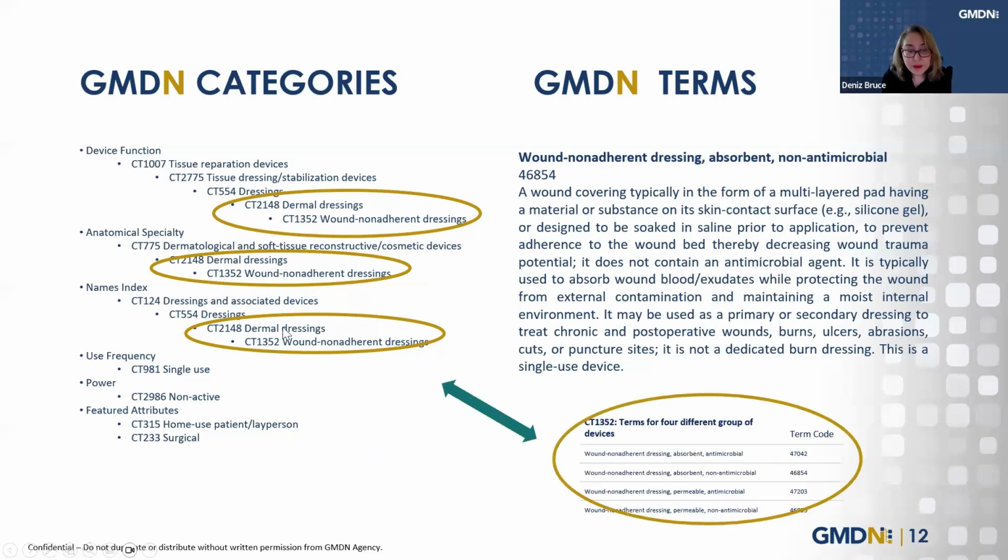Also, at the lowest level category, there are other devices which belong to that category. If there is a registry program or a need to define the differences between the medical devices, they can also check the attributes and the definition for this group of devices.